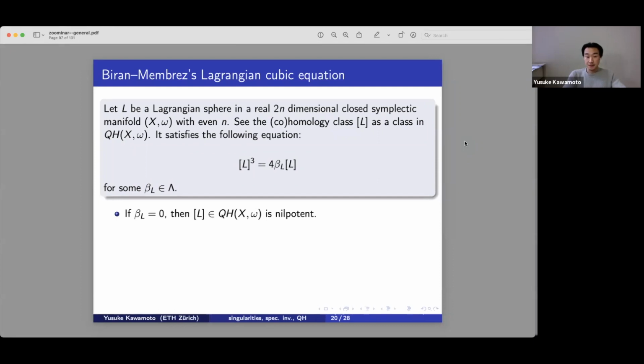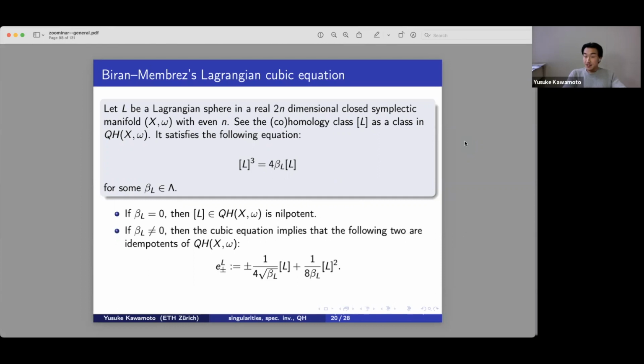And so obviously if this coefficient is 0, then it means that the class L is nilpotent. But if it's not 0, then this cubic equation implies that you get the following two idempotents. I wrote down the precise description of E_L plus and minus, the two idempotents that are produced by a Lagrangian sphere.